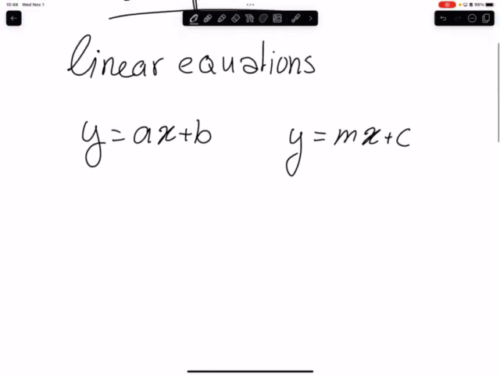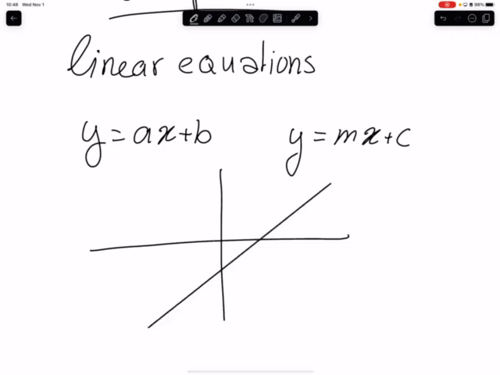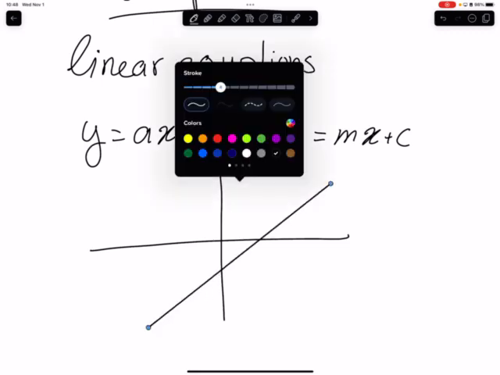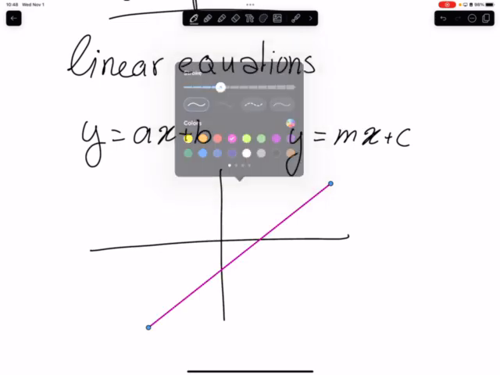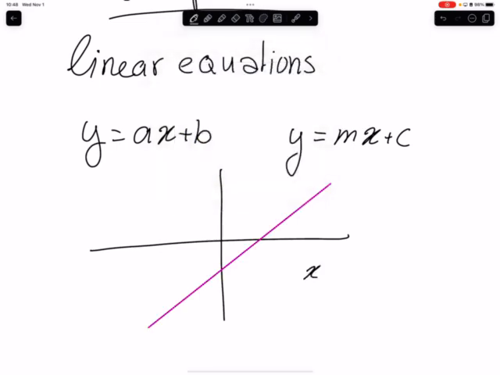So, when you have a linear equation, with x and y, let's say this is 3. Here is negative 6.